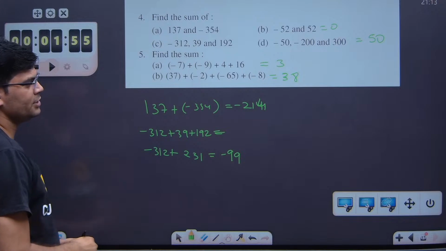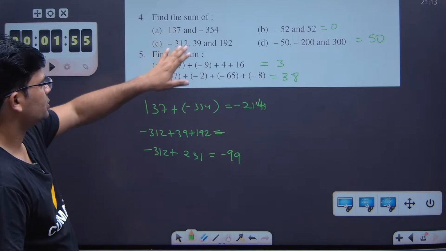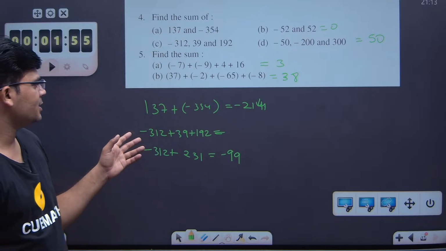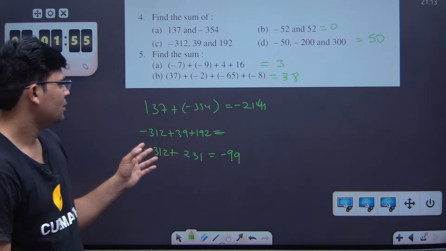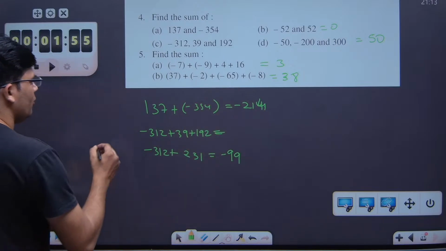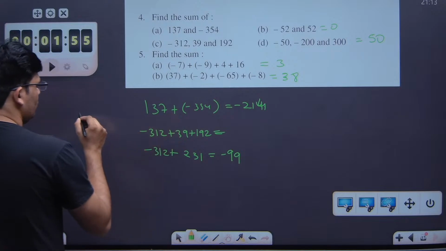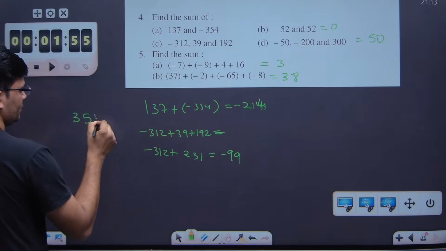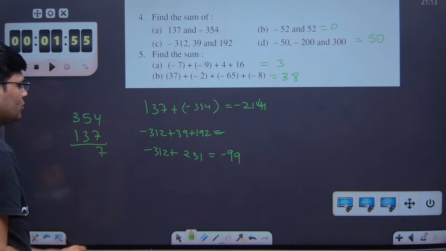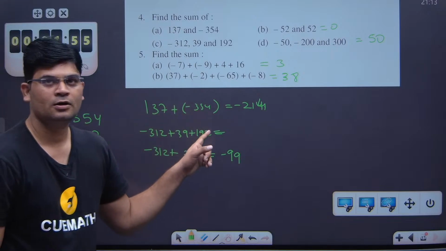Let us check your answer, dear. In the first case, 354 minus 137. See, the last number cannot come as 4. Always remember, the last number is going to be 7 only, because 7 plus 7 is 14.